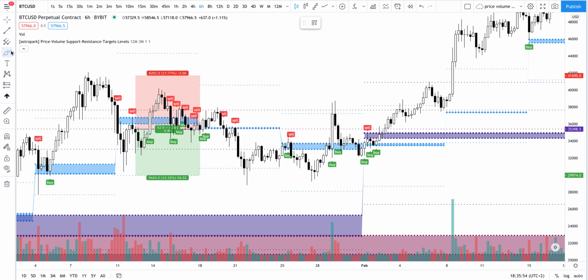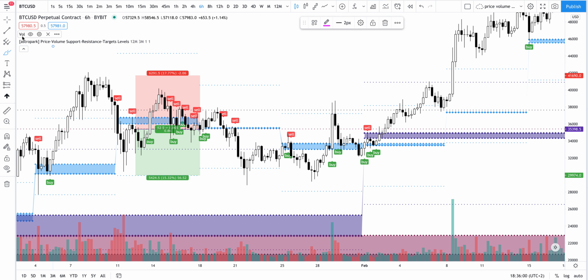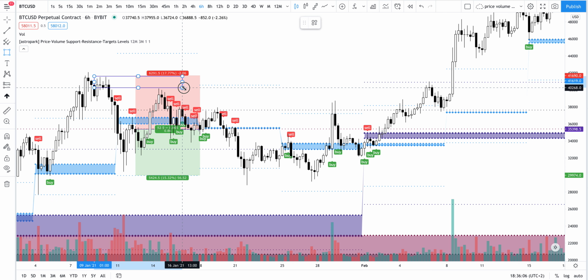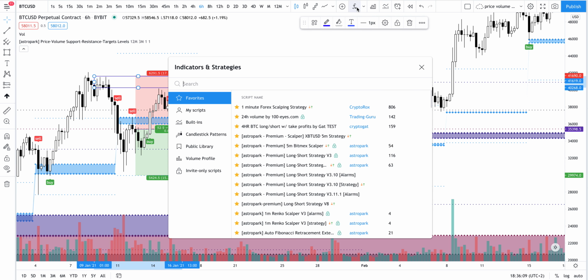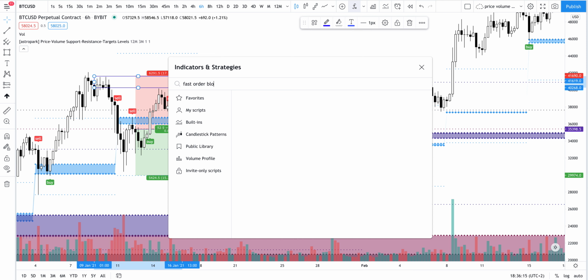But what would I do? Then I should start also telling you about other indicators, other strategies I have. For example, this is a supply. Okay. Fast order block.